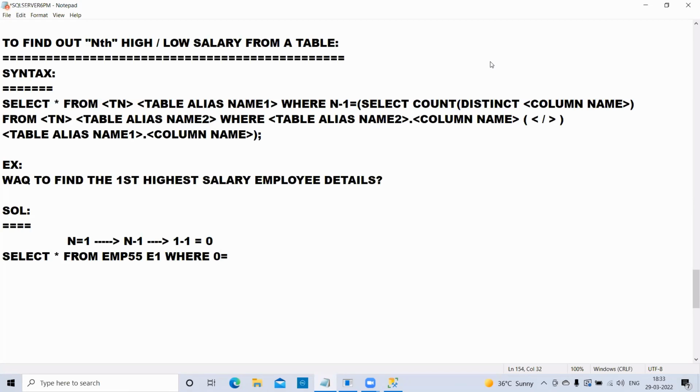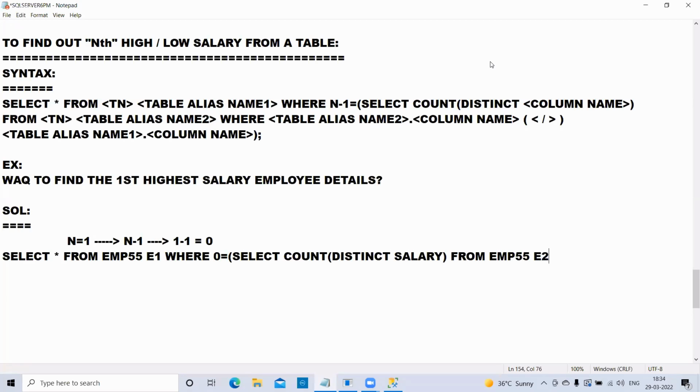Where 0 is equal to, then I pass here the select count function, which we already discussed. In this count function, I'm using the distinct keyword also, and we all know why we use distinct. The column name is salary, from the same table EMP55, and E2 is the second alias I'm taking.